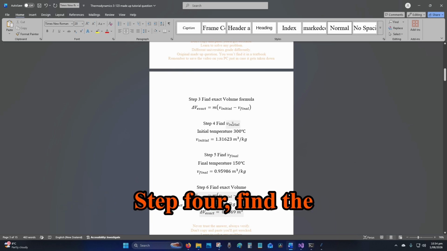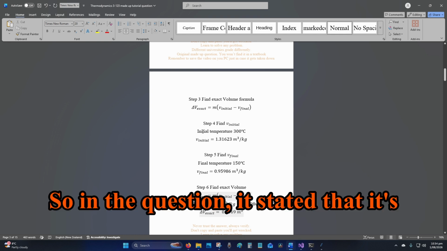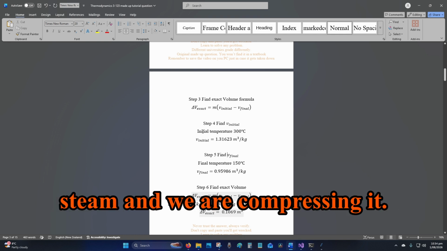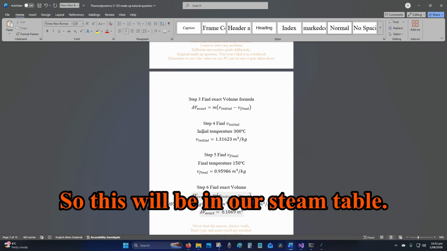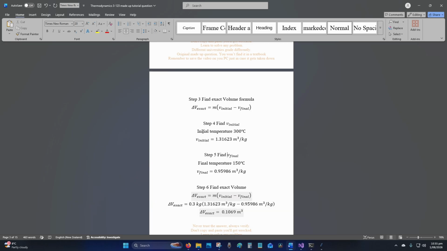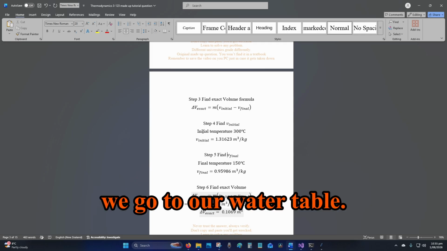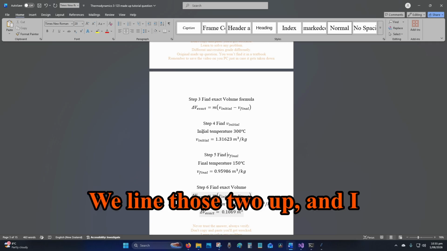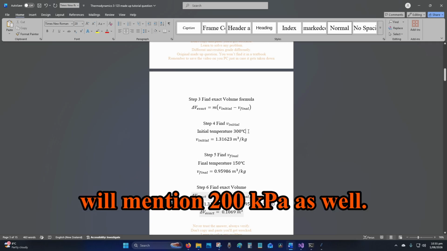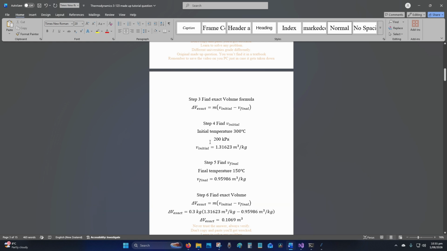Step 4, find the initial specific volume. In the question, it's stated that it's steam, and we are cooling it, so this will be in our steam table. At 300 degrees Celsius, we go to our water table, we go to 200 kPa, we line those two up, and I will mention 200 kPa as well.